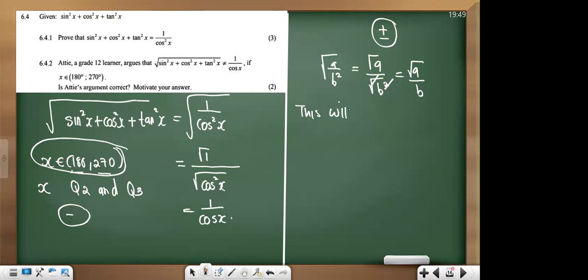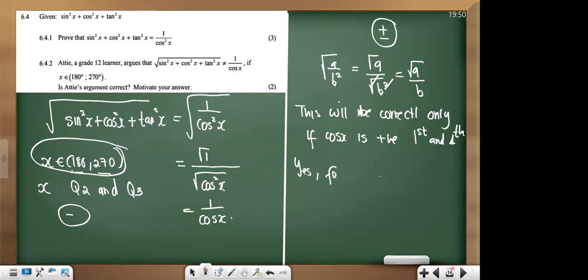Those who said no, I agree with you. This will be correct only if cos of x is in the first quadrant, and the fourth, because at the first it is positive and the fourth is also positive. So can I say yes for x an element of 180 to 270?